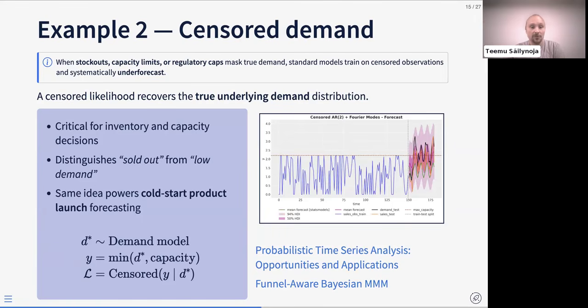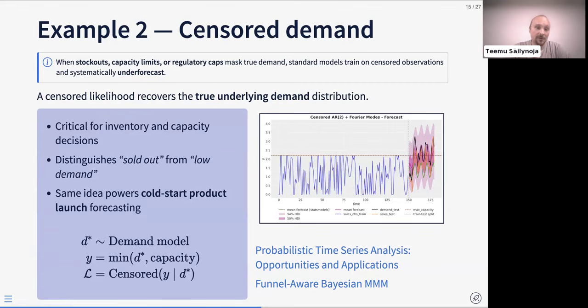There might be a stockout or some other feature in the real world that does not allow us to observe demand if it goes too high, like Juan explained earlier with the example.